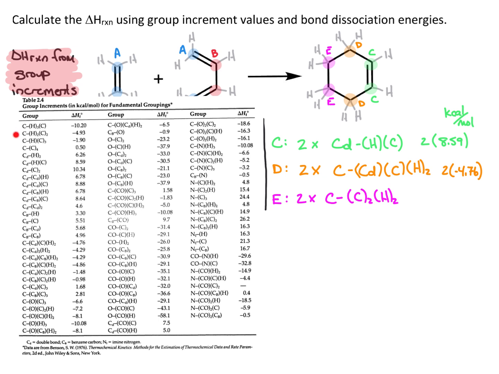Right here, that's negative 4.93. All right, let's add these up. With that, I get negative 2.2.